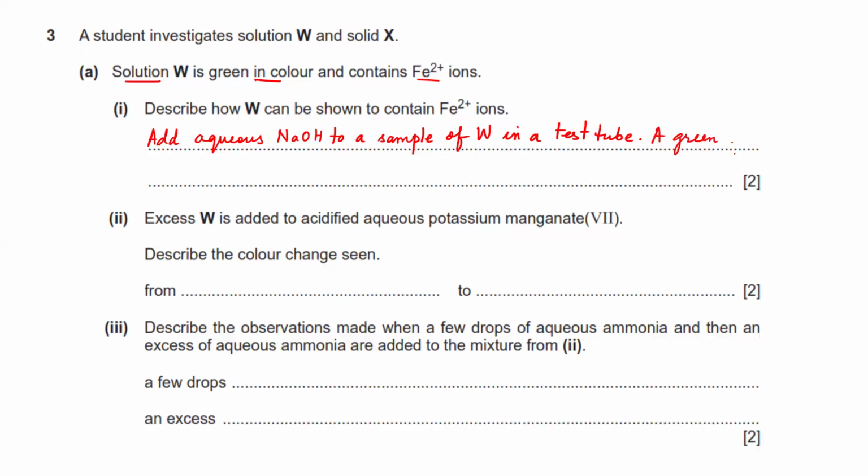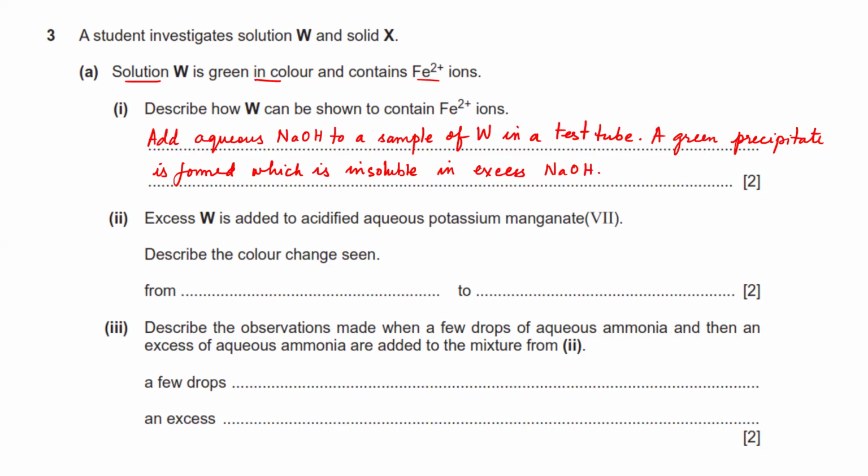Green precipitate is formed, which is insoluble in excess NaOH. Okay, so this is a good answer. You can also use aqueous ammonia for this test as well. Again, at the end of your answer booklet, these tests are given, so you can just simply see from there and just write the answer.